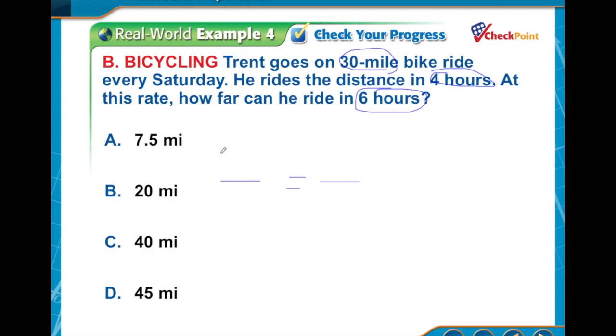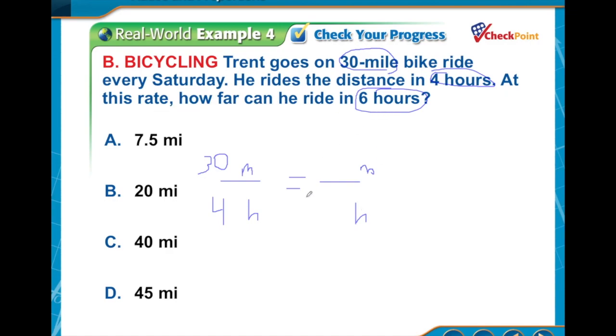So 30 miles. I'll put miles on top. I'll use M. Our hours will be on the bottom, H. So 30 miles, and in 30 miles, they rode 4 hours. So this ratio is going to be equal to what we get over here.